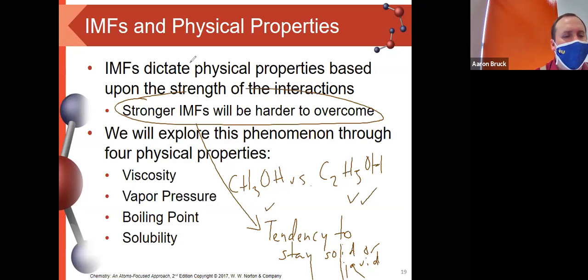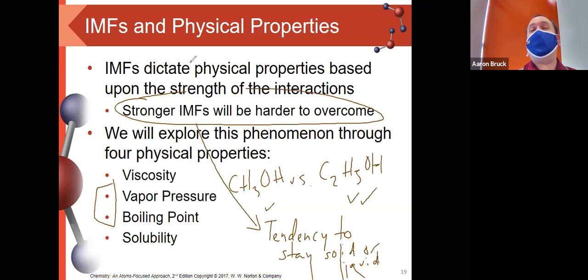So we're going to look at 4 different physical properties, 2 of which are related to each other very intimately. And we're going to compare the intermolecular forces to each other to help us determine and rank, okay, this substance is going to have the highest boiling point. This substance is going to have the lowest vapor pressure. This substance is going to have the greatest viscosity.